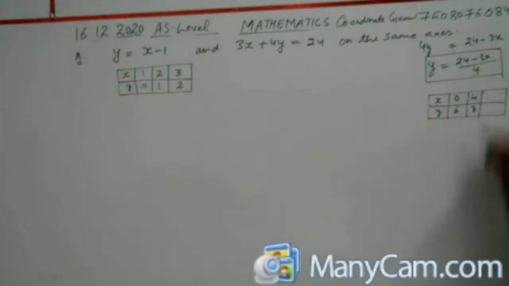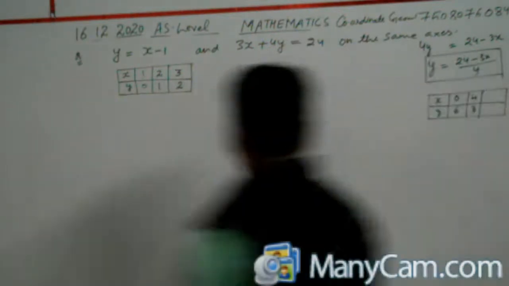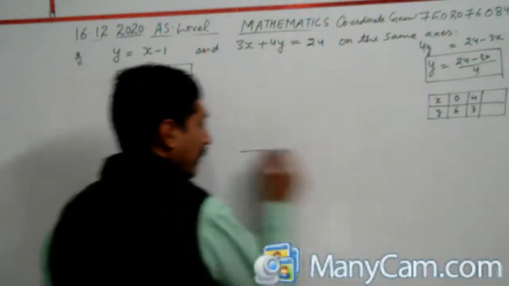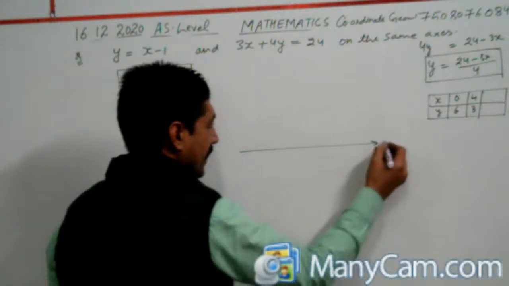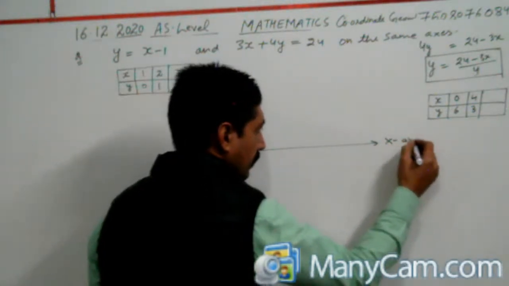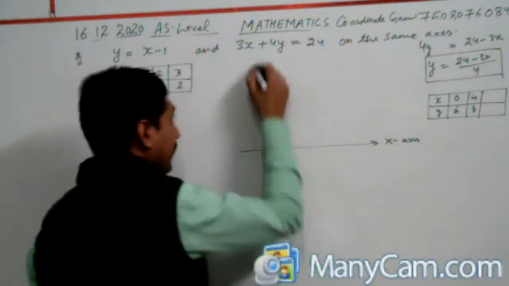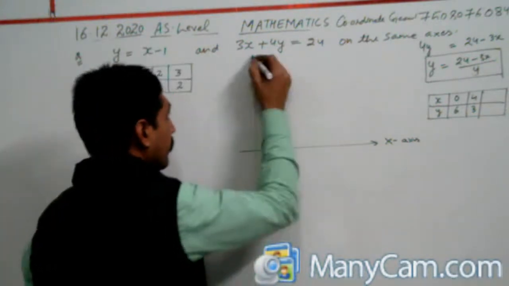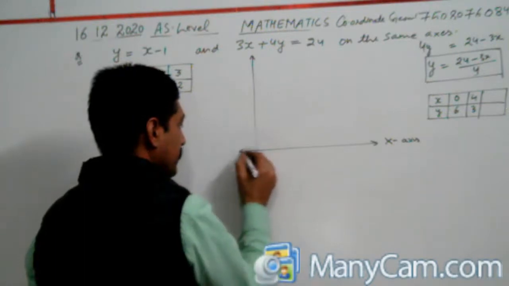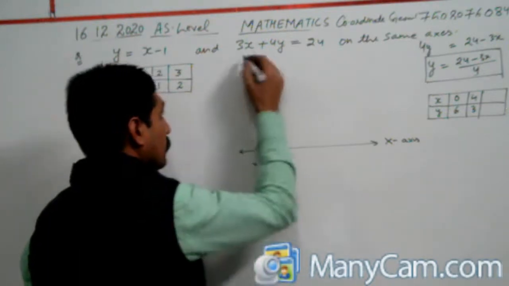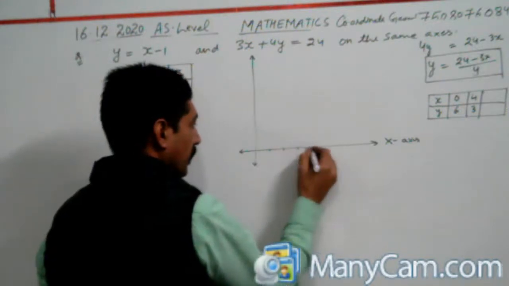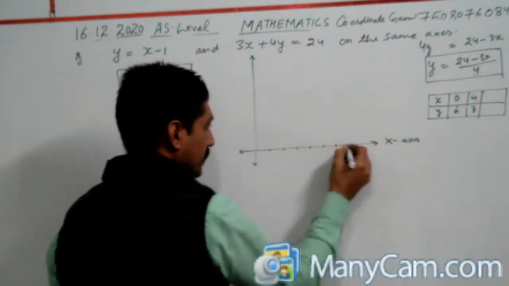So 2 points are sufficient; even infinitely many points we can find. So here we have a graph. This is the x-axis and this is the y-axis. One is x-axis, one is y-axis. So here we plot the points 1, 2, 3, 4, 5, 6, and so on.